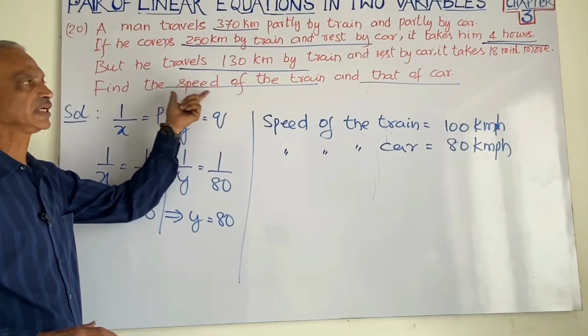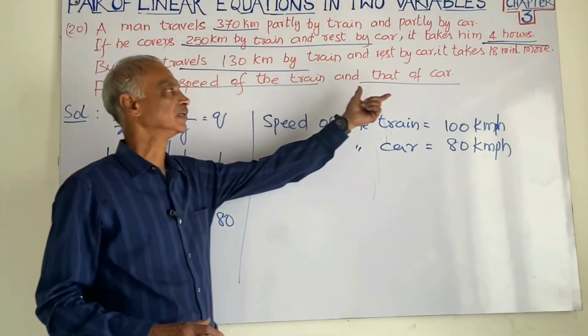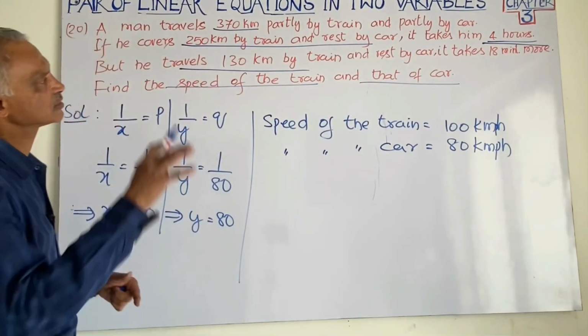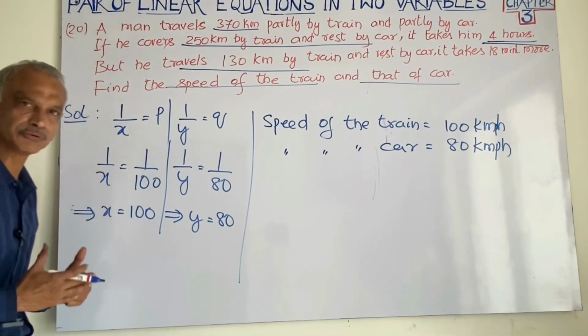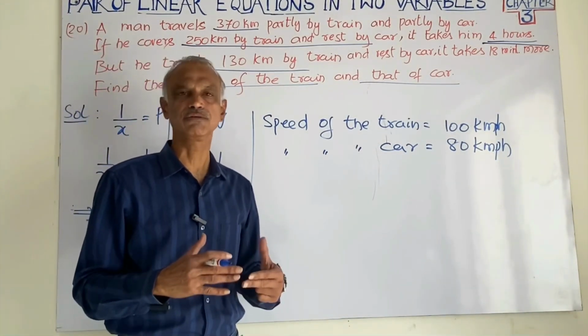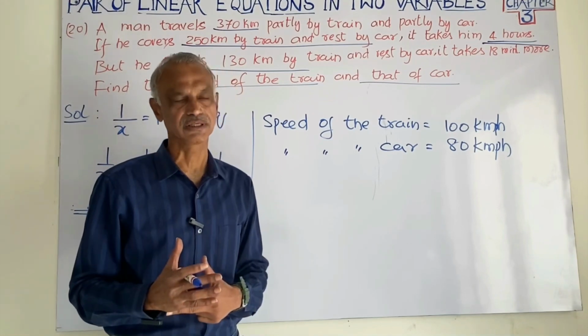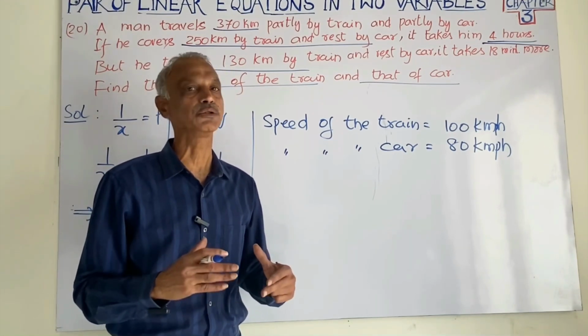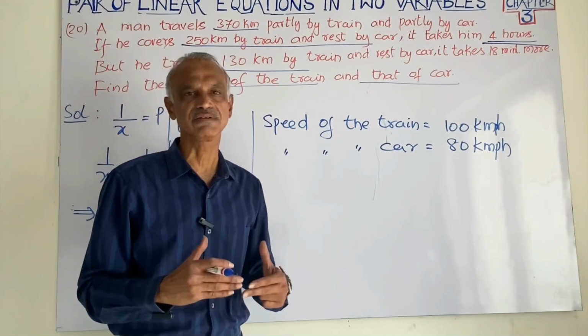Let the speed of the train be x and let the speed of the car be y. Then he has given time. You should know that time is equal to distance by speed. He has given time. That's why you should remember how to do the problem: what is given, what to do.